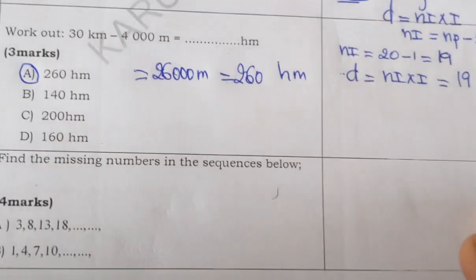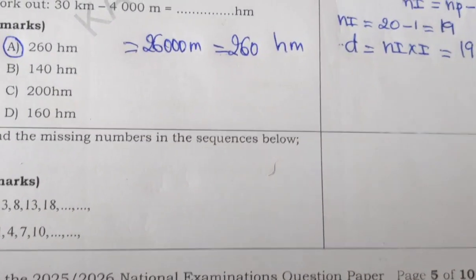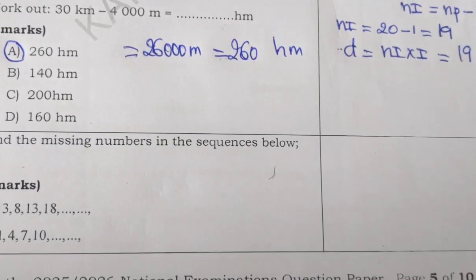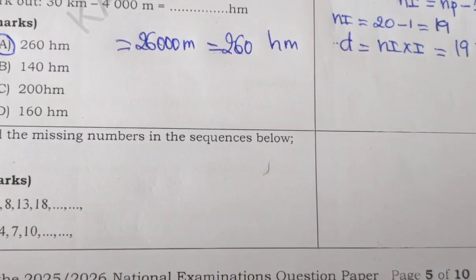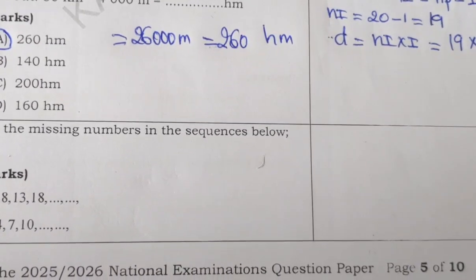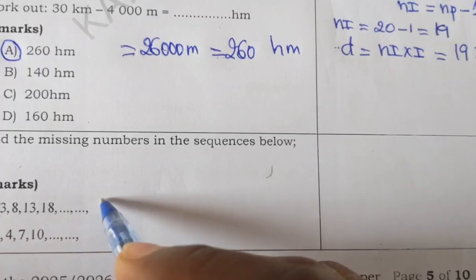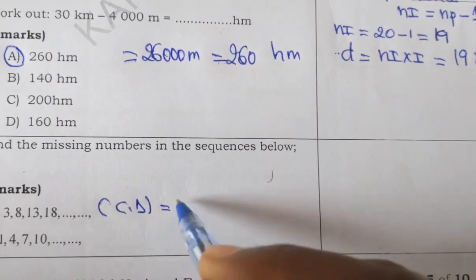Then question number 20, they said, find the missing numbers in the sequences below. Here we have to know the common difference between the first number and the second number. The common difference here is 5.